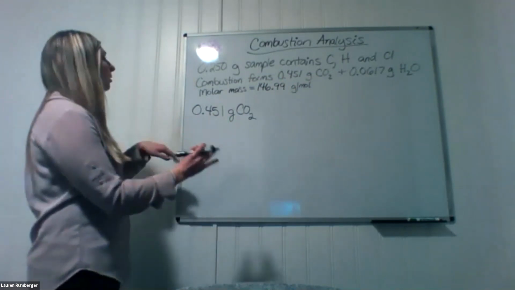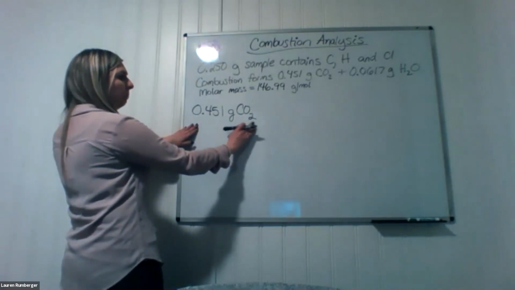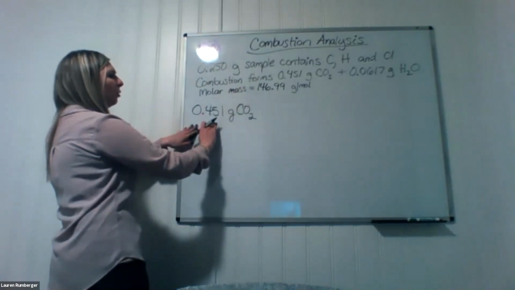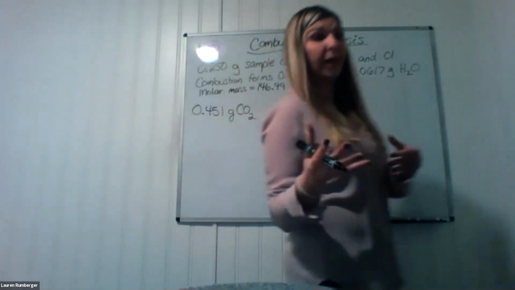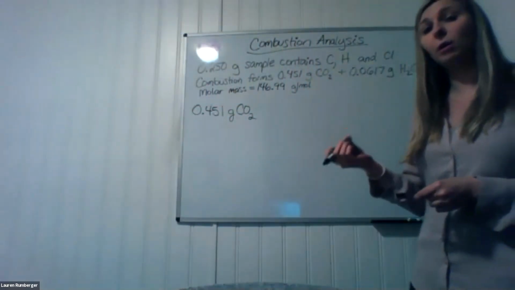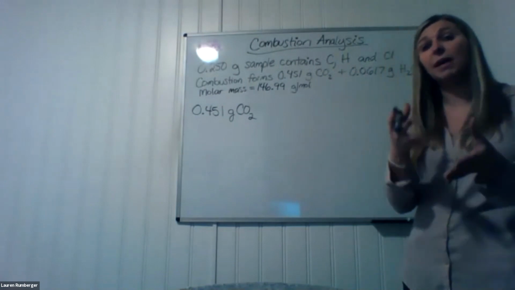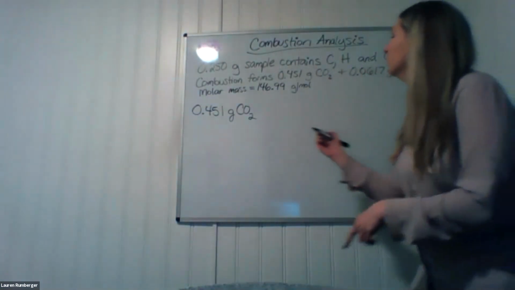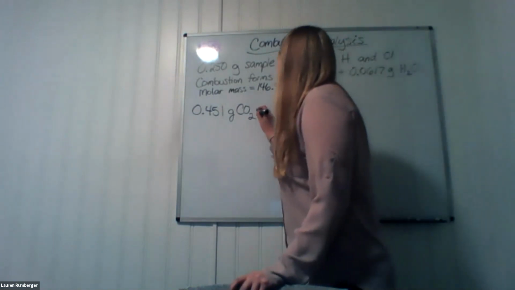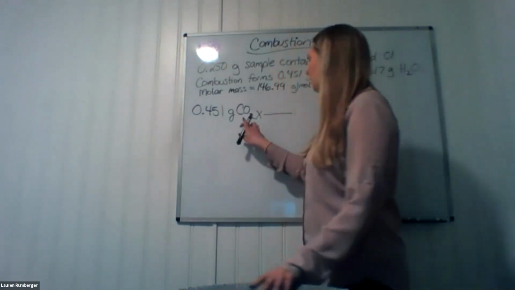Okay. So we're going to start with taking our amount of carbon dioxide that was formed, and we're going to convert this into moles. Because from moles of carbon dioxide, we can find out the amount of carbon that was formed. So we're going to take the molar mass of carbon dioxide.